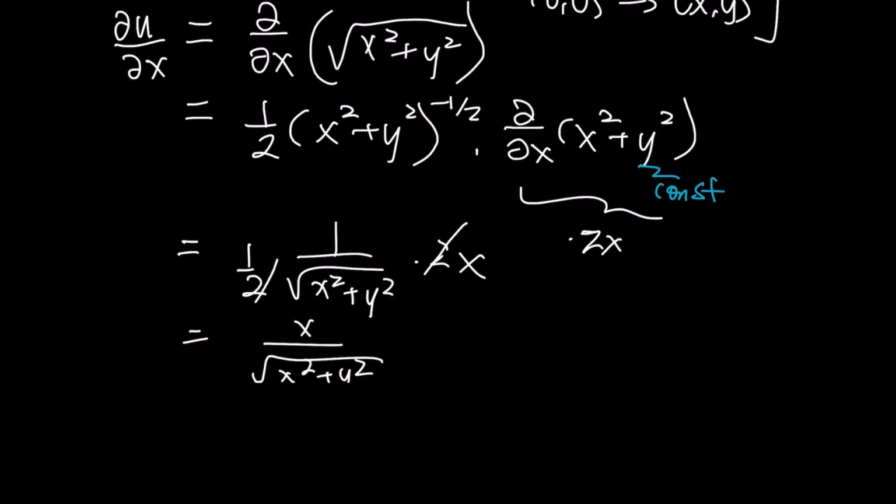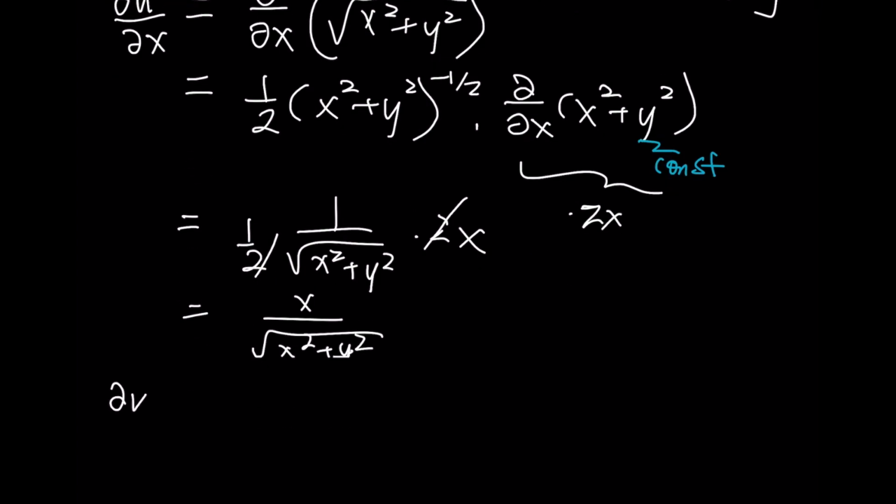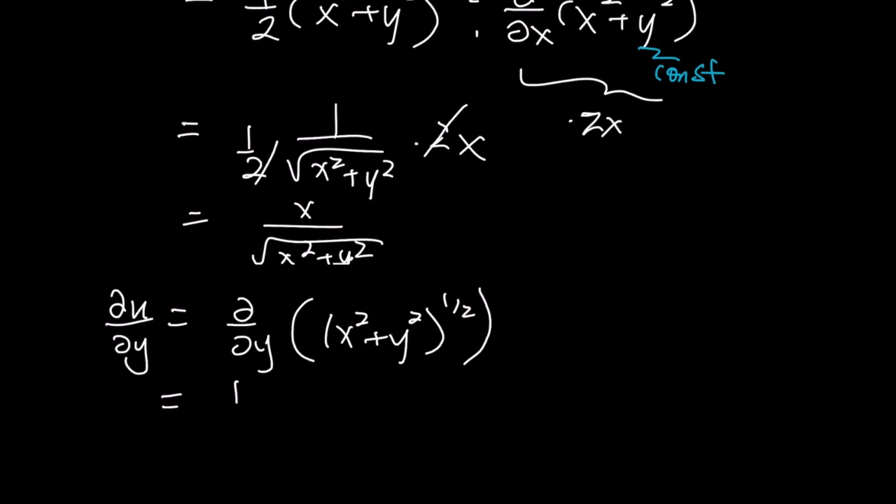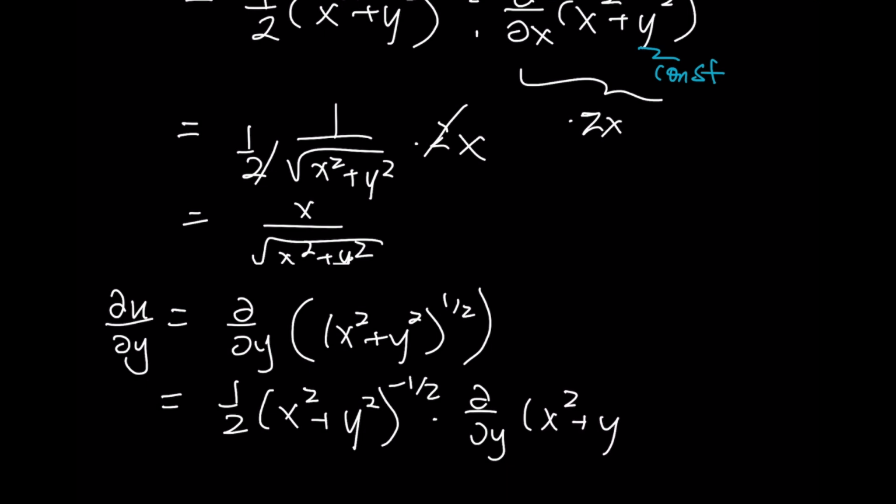Now similarly, if I wanted the y partial derivative of this expression, I would have to take the y derivative of (x squared plus y squared) to the 1/2. I need to use the chain rule again, so I'll get a 1/2 (x squared plus y squared) to the negative 1/2 times the y derivative of the stuff on the inside of the root.